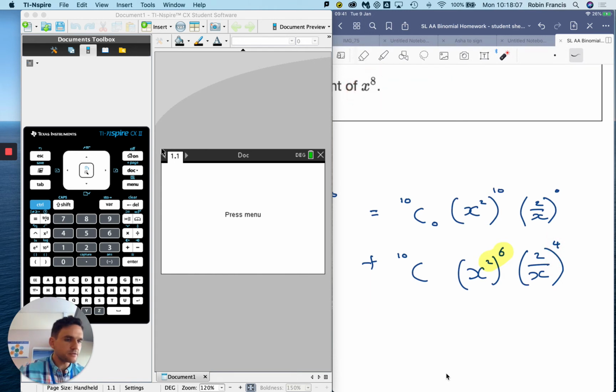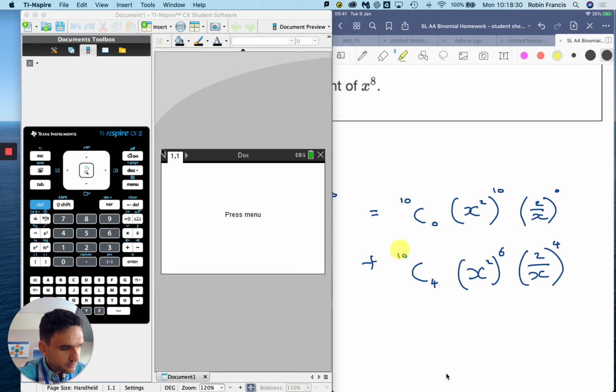Fantastic, so I've managed to find exactly what I wanted. Now that means that I need to select how many this combination is going to choose from: 10 choose either 6 or 4. It really doesn't matter. We're going to plug it into our calculator anyway to work out what it's going to be. So this is the term that I want, and that's what I'm going to focus my efforts on now.